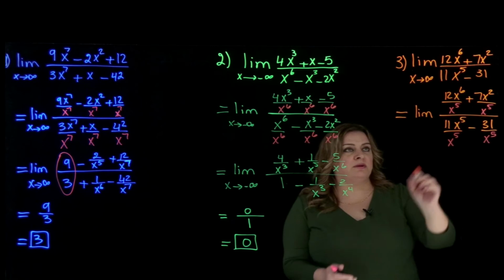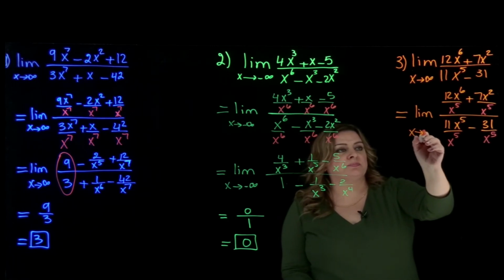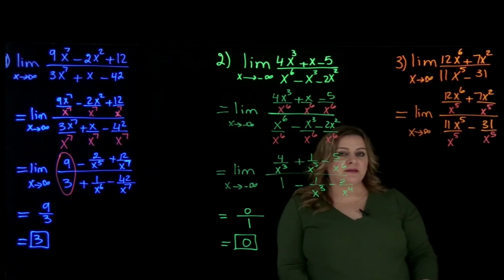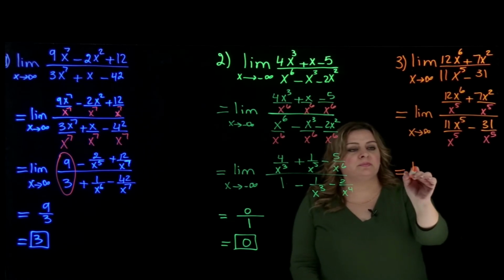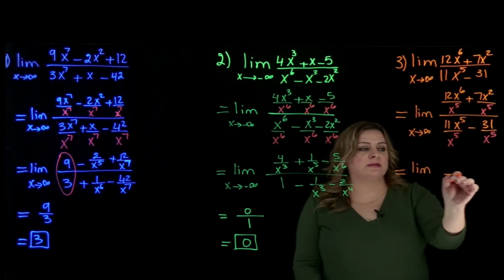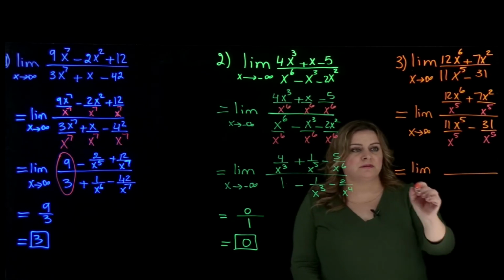So the limit of my function as x approaches positive infinity. Now I want to simplify. This will give me the limit of my simplified function as x approaches positive infinity.